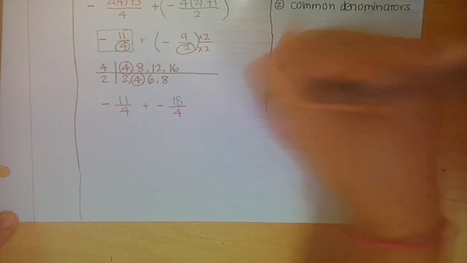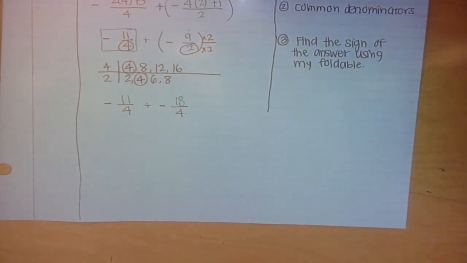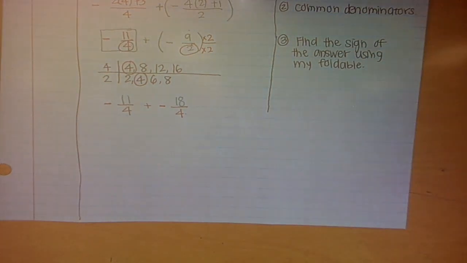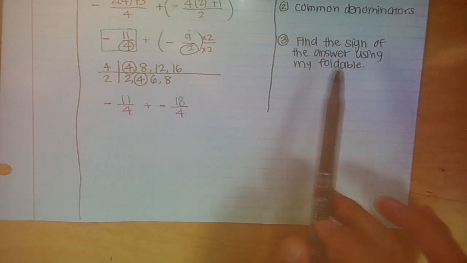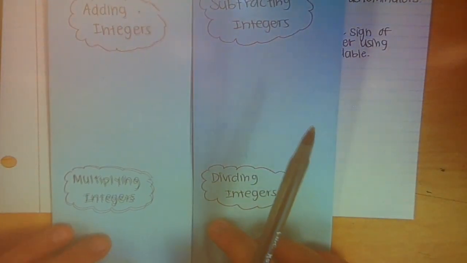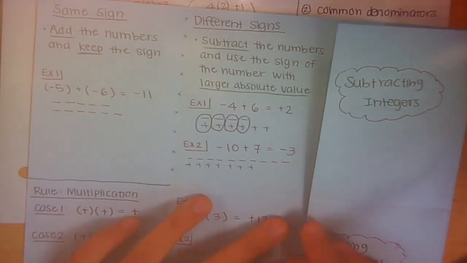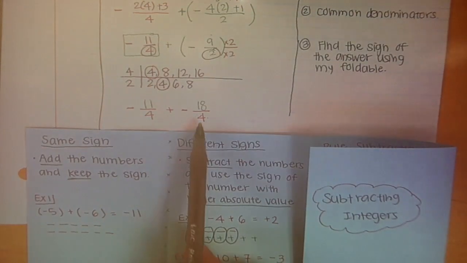Then my next step, the third step, is to find the sign of the answer using the foldable. So you're going to take your foldable, and we know we are adding integers. So I'm going to open adding integers, and I have negative 11 fourths and negative 18 fourths.